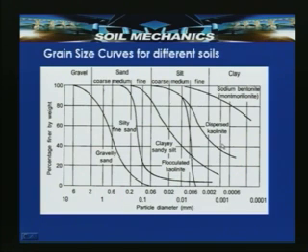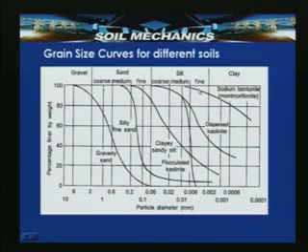Dispersed kaolinite is finer, and flocculated kaolinite is in the silt size, while dispersed kaolinite is observed to be in the finer range. And this is the typical grain size distribution curve of sodium bentonite, that is montmorillonite.